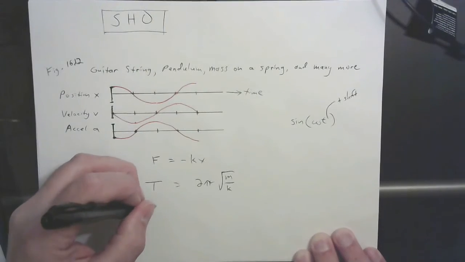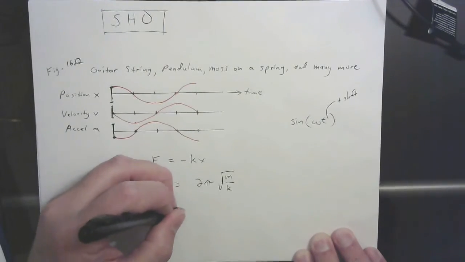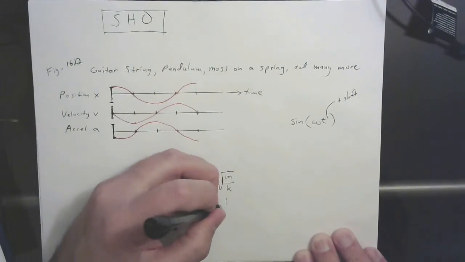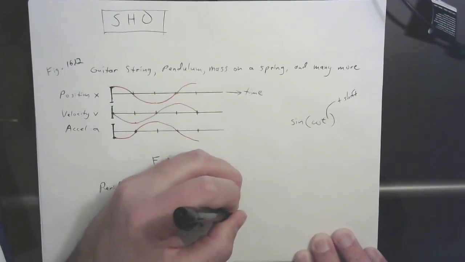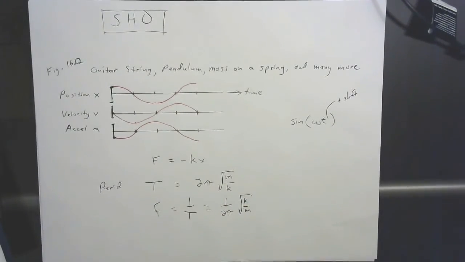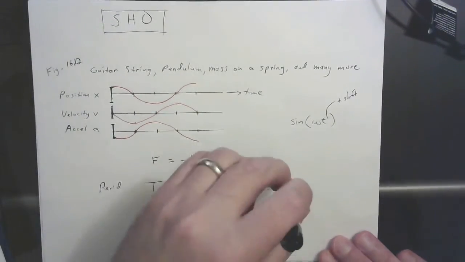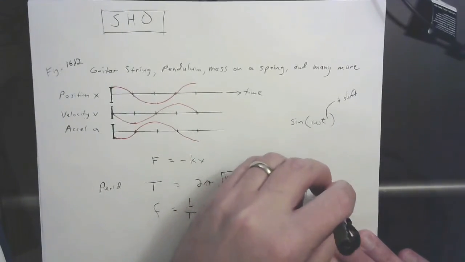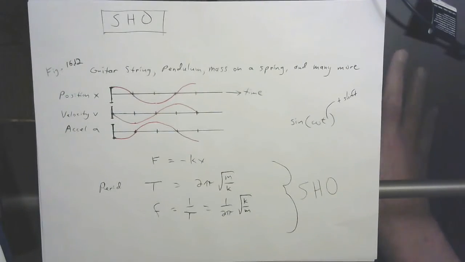And then the frequency, being 1 over the period, is 1 over 2 pi, and then you just flip that, square root of k over m. So forth. So these are for our simple harmonic oscillator.